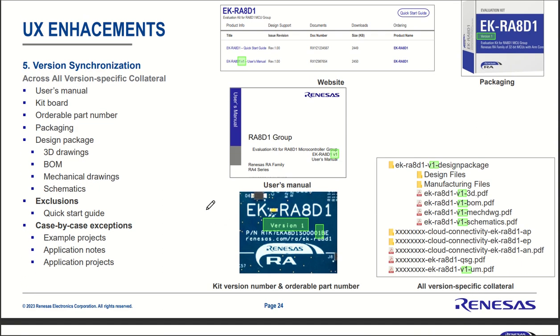More into that, if you see development kit resources, you have the user manual, kit boards, orderable part number, packaging, then 3D drawing, bill of material, mechanical drawing, schematics, everything is there. You have quick start guides on how you can get into the design phase and directly debug your card for your own needs. Example projects are there, and application notes and application projects are also there.